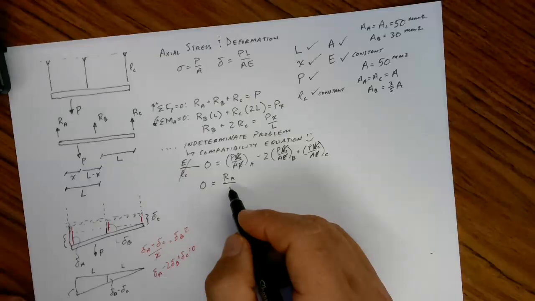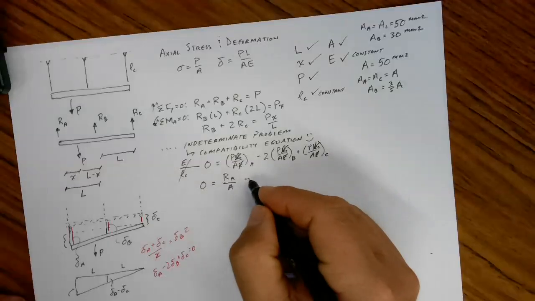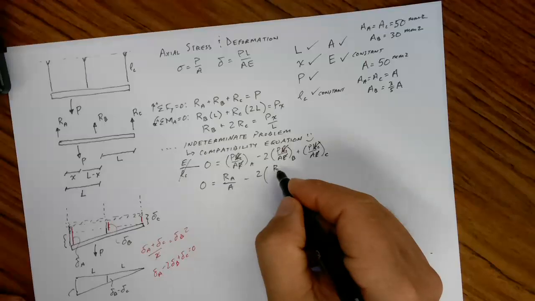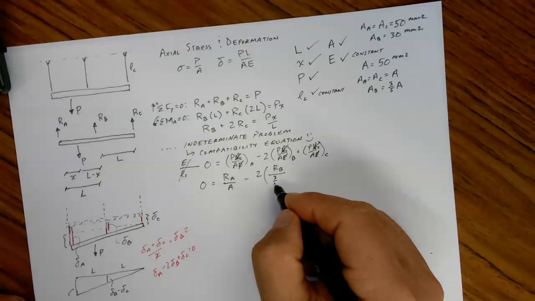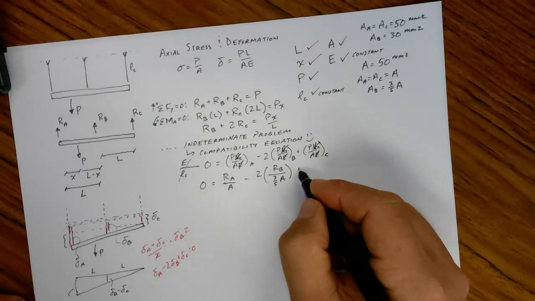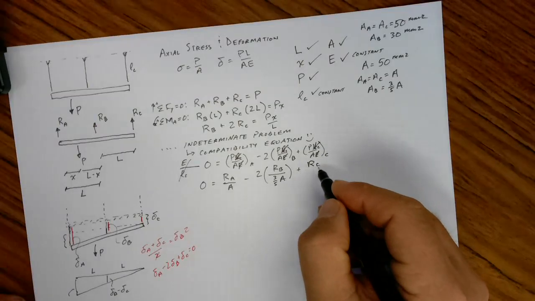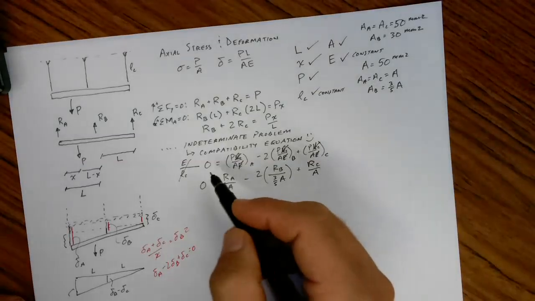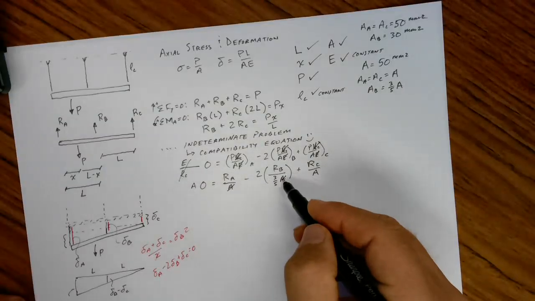I'm going to divide by the area of A, which we call just A, minus 2 times the reaction of B, divided by the area of B, which is 3/5 A, and then plus RC over A. Now we can multiply both sides by A and get rid of that.